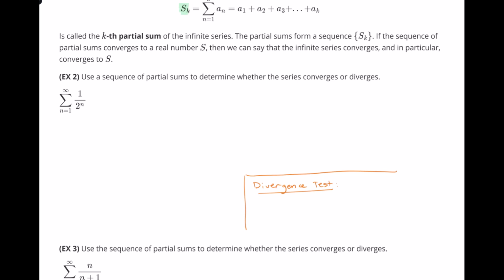All right, so we would have the limit as n goes to infinity of 1 over 2 to the n. Well, as n gets large, that means you're getting an exponent that's large. So the denominator of this fraction gets large, but the numerator stays constant. So that would be going to 0. All right, so it passes the divergence test.